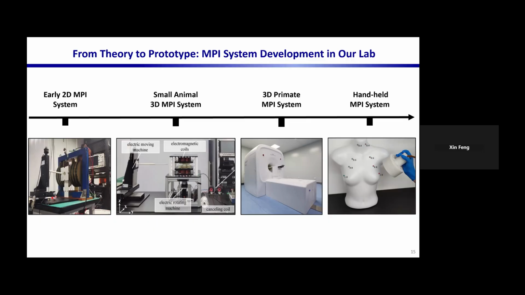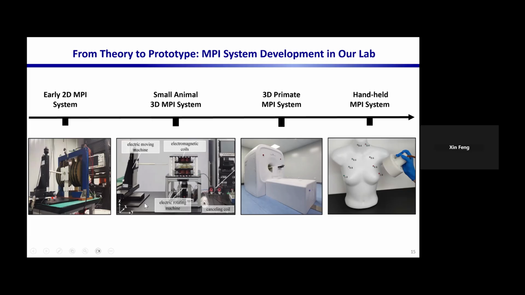And of course, we started from the ground up, beginning with the development of an MPS, or magnetic particle spectrometer. Building on that foundation, we progressively scaled up our hardware capabilities. We first successfully developed a 2D MPI system, followed by a fully functional 3D small animal MPI scanner.